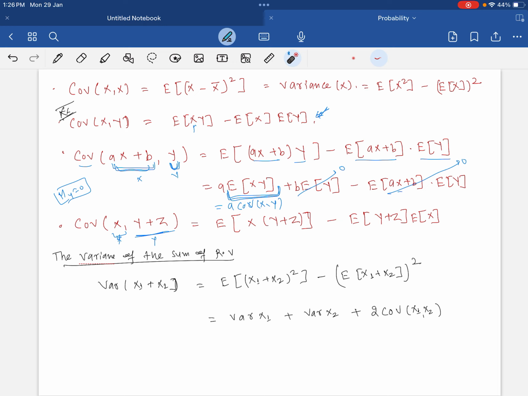Now there is one more thing. In general, if we want to find the variance of the sum of two random variables, and we have not been given that these two are independent or dependent, this is how you are going to find it. Variance is nothing but the expectation of the square of your random variable minus the mean square of your random variable, right?